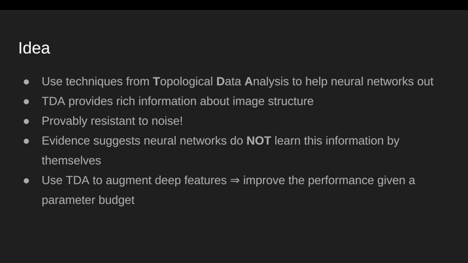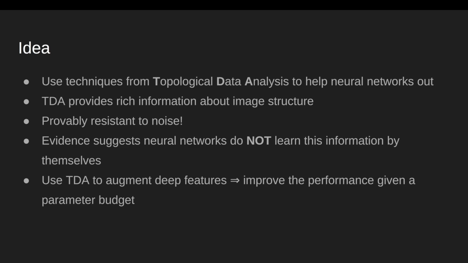One idea is to leverage powerful mathematical tools in order to help neural networks out, sort of make their jobs easier, if you will. One promising direction along these lines is a technique called topological data analysis, or TDA for short.